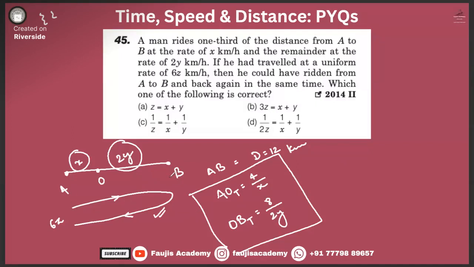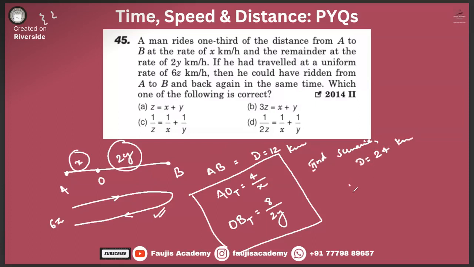AB itself is 12. What it is saying is he could have ridden from A to B and back again in the same time. So that means over here in the second scenario, the distance will be 24 kilometers.